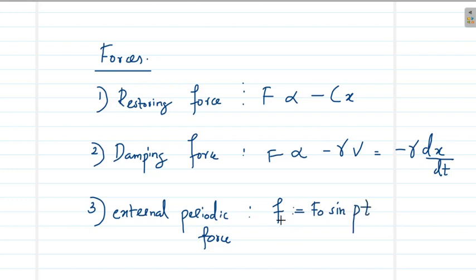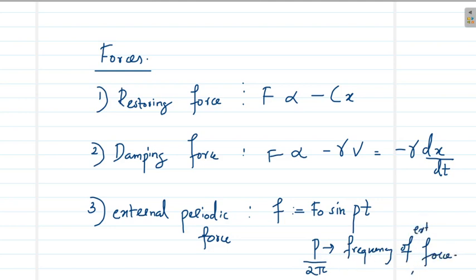So this is an externally applied force which is applied periodically. F0 is its amplitude and p is the angular frequency of the externally applied force. Or we could say p by 2 pi is the frequency of this externally applied force.